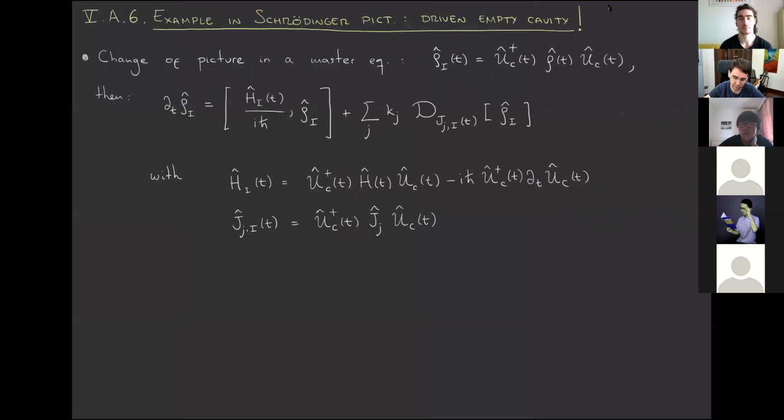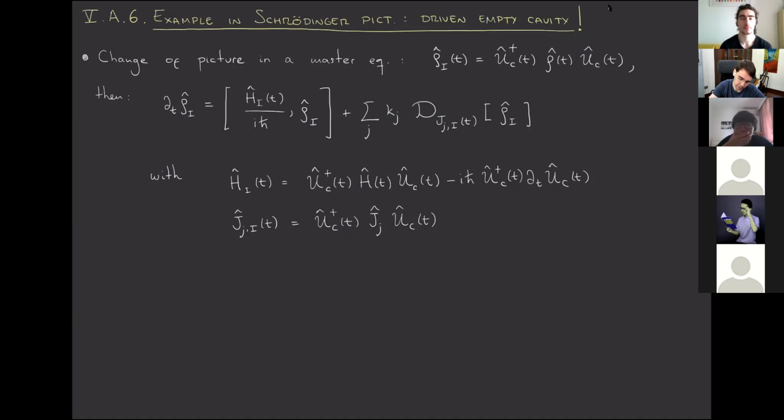Okay, so let's start with the example in the Schrodinger picture of the driven empty cavity. And as I told you already last week, before we start with the example, it's important that I explain a couple of general things about how to change pictures when you have a master equation instead of just a Hamiltonian. And also another thing that I will show you in a second.